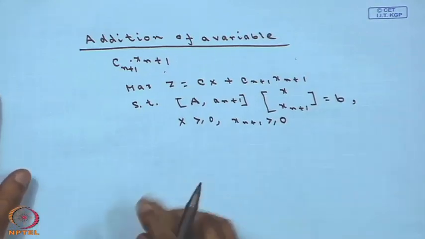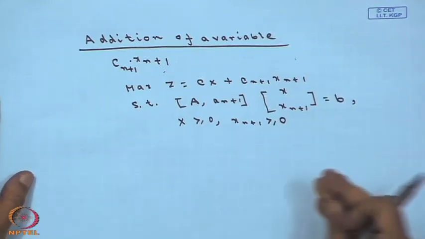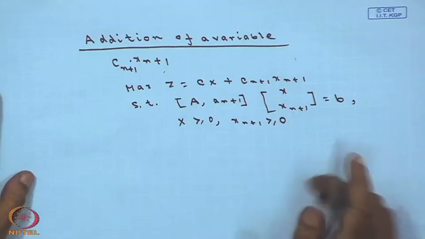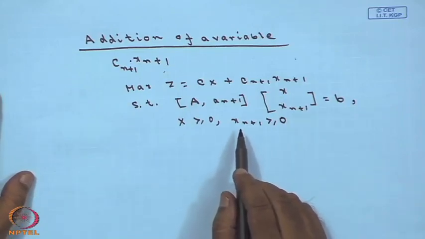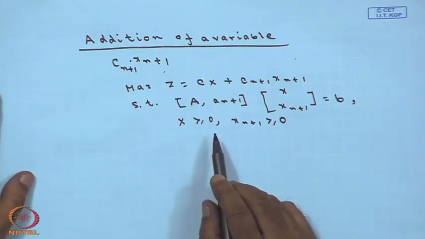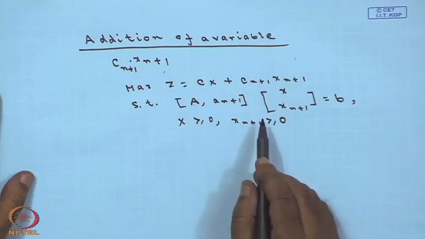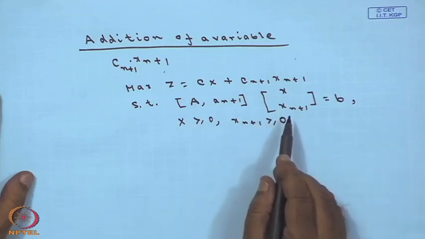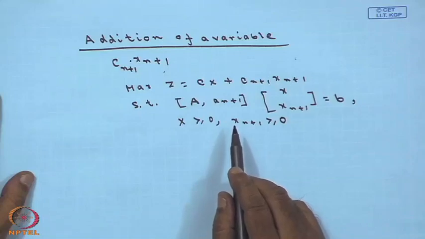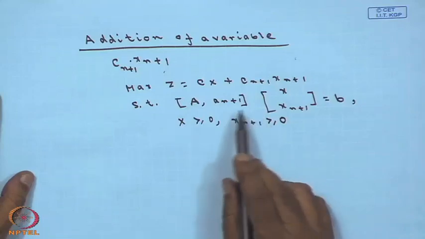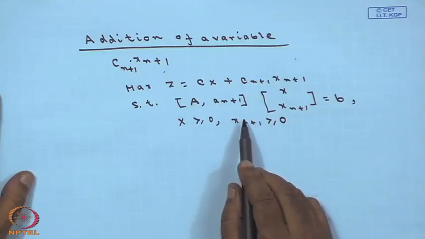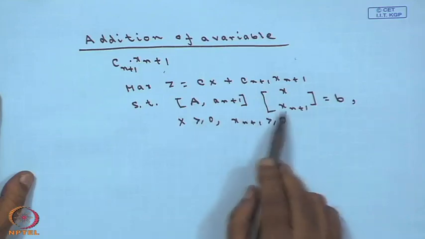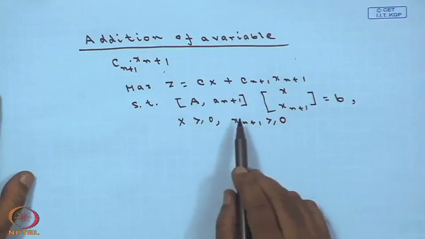If xb star is the optimal solution of the original problem, then xb star will remain a solution of the new problem, because the feasibility condition is always satisfied; x n plus 1 is a non-basic variable here.